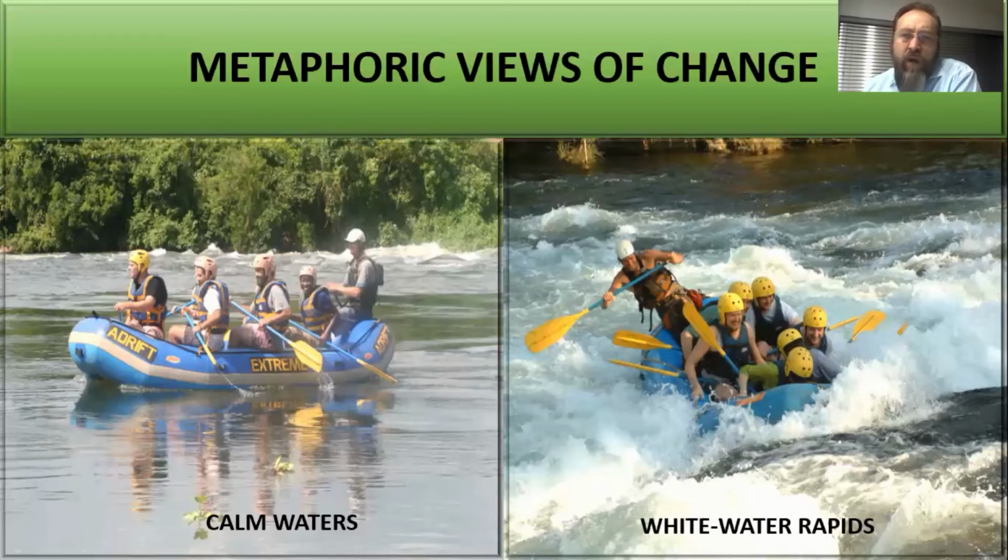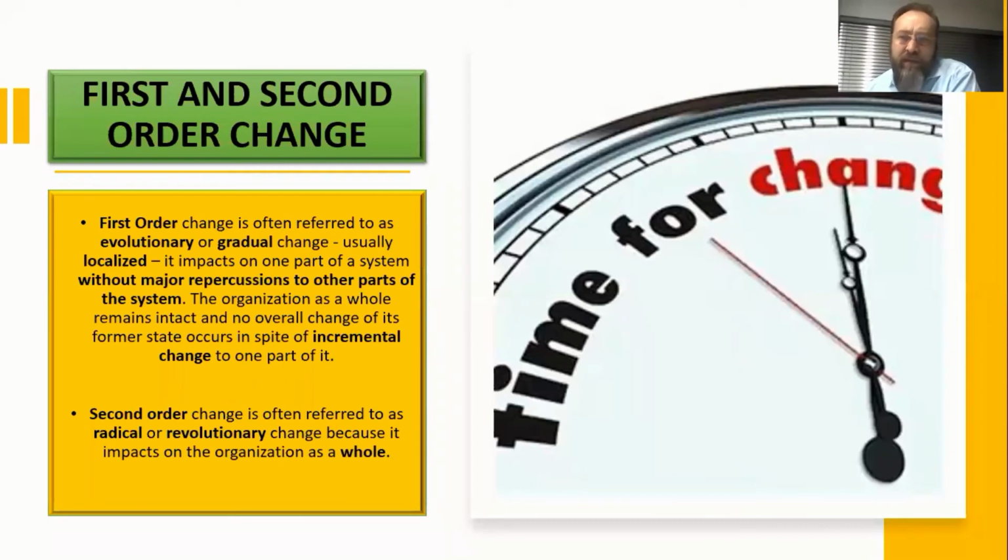And I think when we contrast this with another perspective, and that of course is first and second order change. So when we look at first order change, essentially we're talking about evolutionary, gradual change, usually localized. It's not at a macroeconomic level, it's not at a global level, it doesn't have major repercussions for other parts of the system.